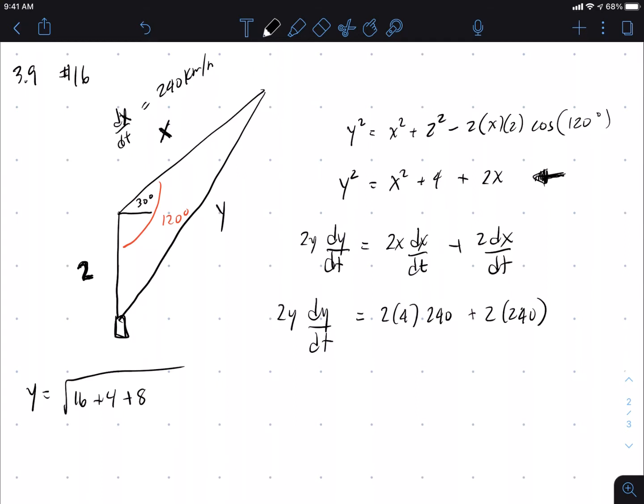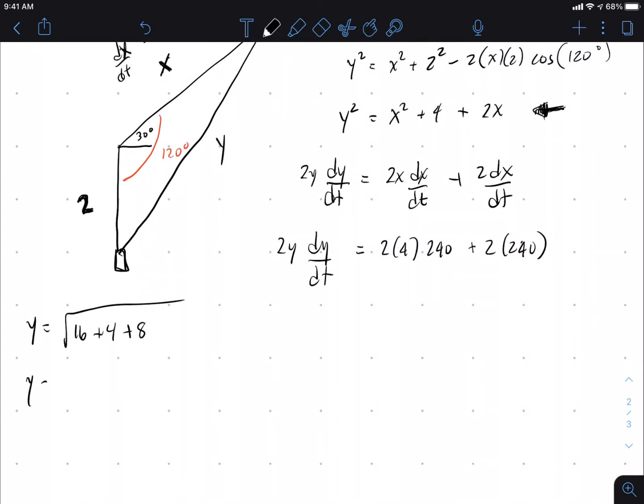Messed up. All right, so then my y is radical 28. So I'm going to get dy/dt is 8. I'll do it the easy way.